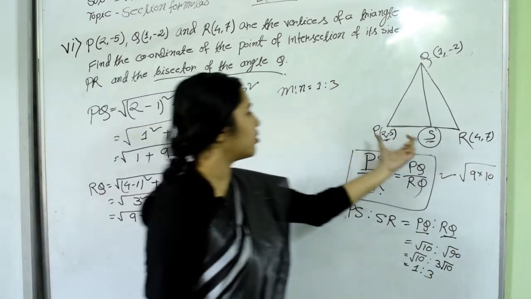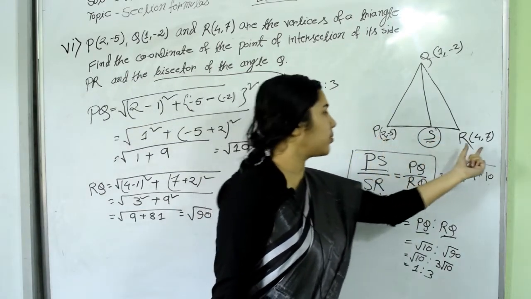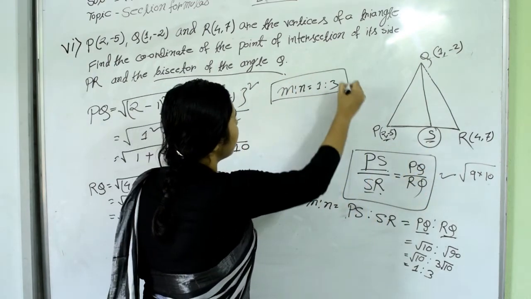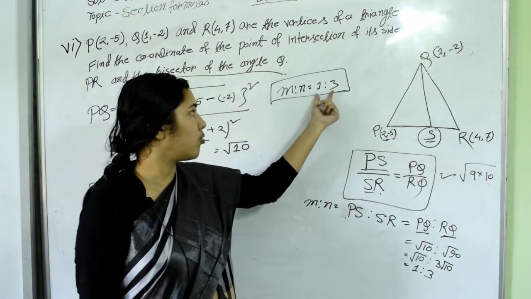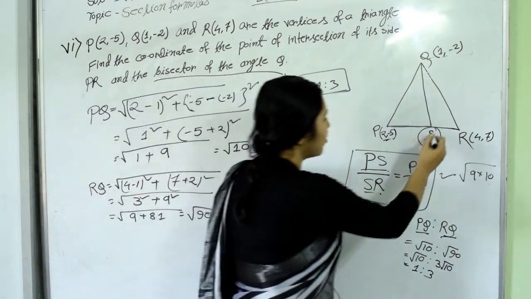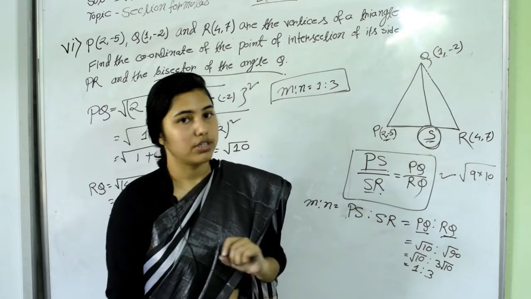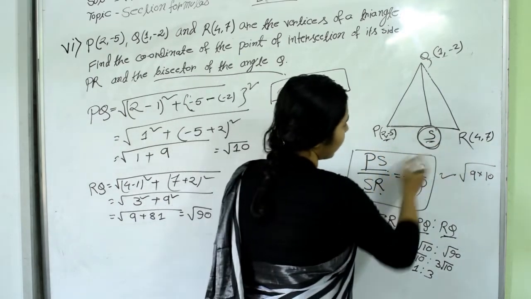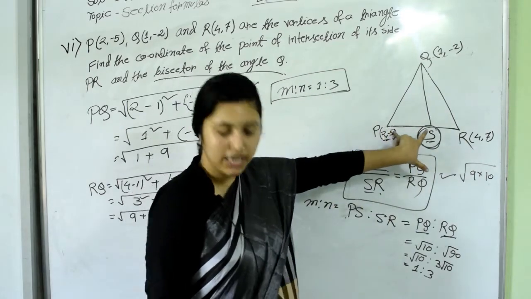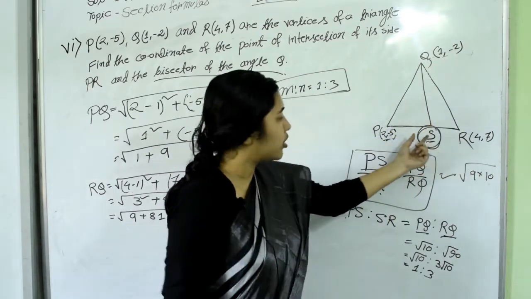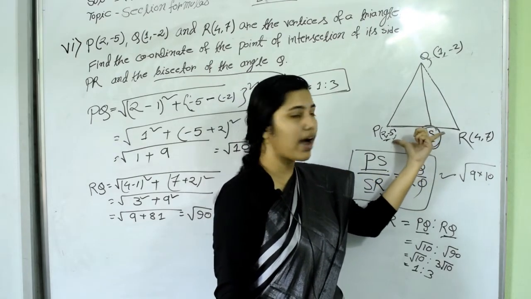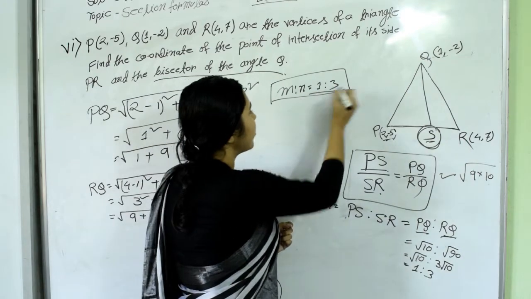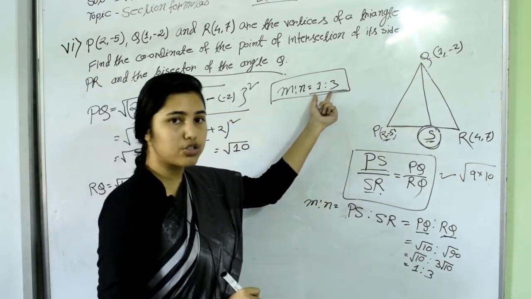Now we know the coordinates of these 2 points P and R, and also we know the ratio, which is M is to N equals to 1 is to 3. Now by section formula we can find this point S, and clearly this point S lies between P and R, which means this point S divides this line segment PR internally at ratio 1 is to 3.